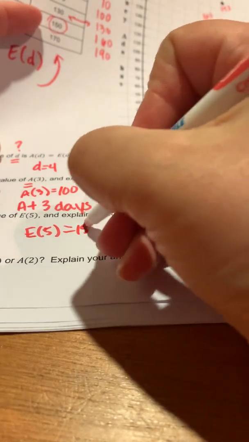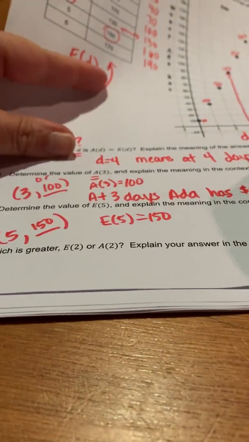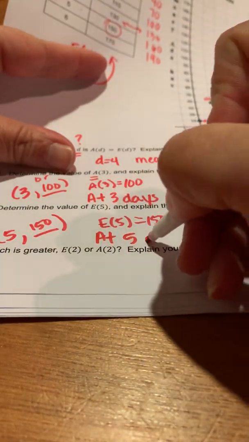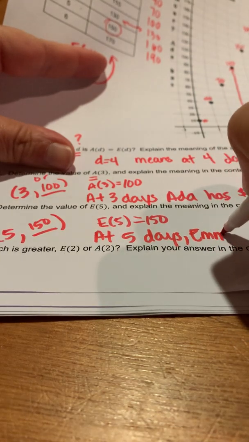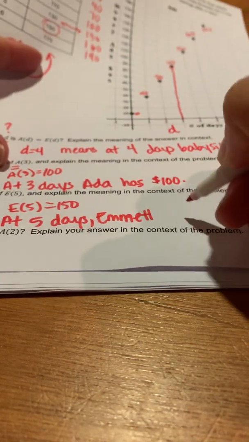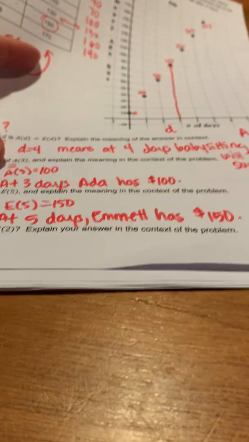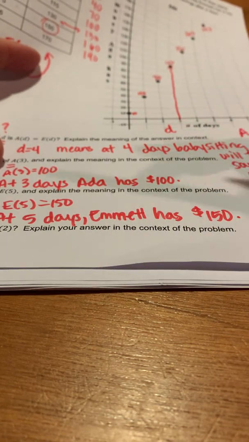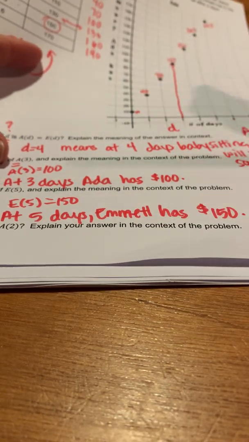So 150 here. At 5, the meaning is at 5 days, Emmett has $150. So just use the information they give you to explain what the problem is telling you, the inputs and the outputs.